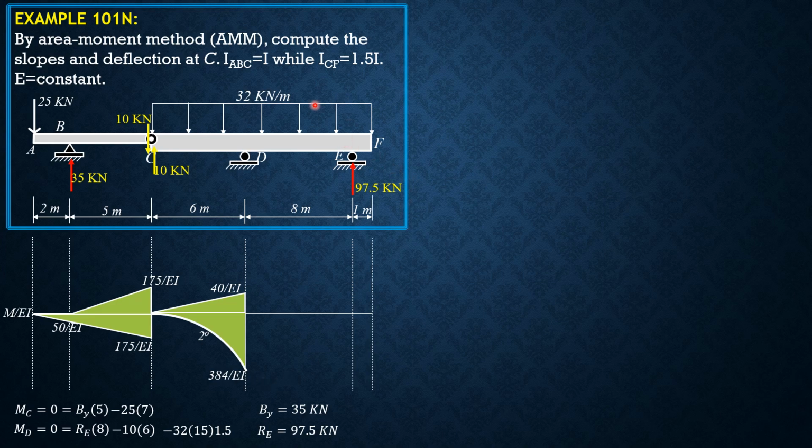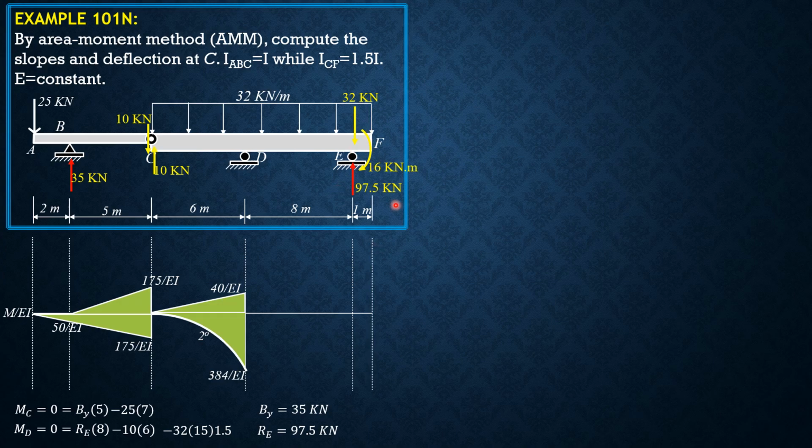Then for this loading here, we first replace this loading in the overhang by 32 times 1. So there's a concentrated load, which is 32 kilonewtons. Then the moment of the second degree curve is 32 kilonewton per meter times 1 times 0.5.